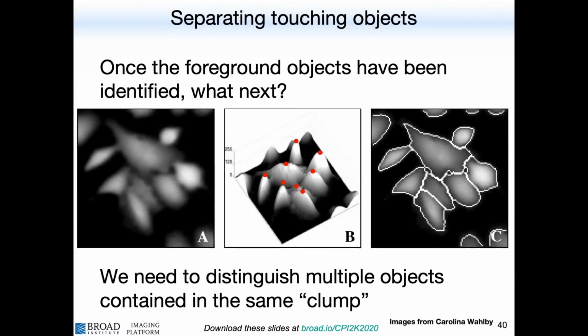I'll show you in a second where these settings are located. But basically here, the brightness are the peaks of these mountains. So these are the highest intensity, or the brightness, for these 8 in this central clump. And then we also have another method to separate these objects based on shape.